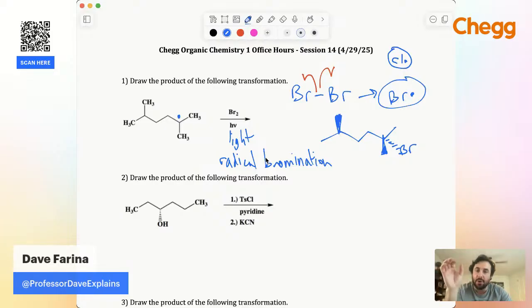And so if the tertiary alkyl radical is the most stable possible intermediate for this pathway, the bromine radical is going to promote that pathway. So it's going to wait until it collides with a tertiary carbon-hydrogen bond, get that hydrogen to become HBr, and then you're left with the tertiary alkyl radical intermediate. So the reason for the regioselectivity has to do with the stability of the bromine radical over the chlorine radical and the stability of the more substituted alkyl radical over the less substituted alkyl radical.